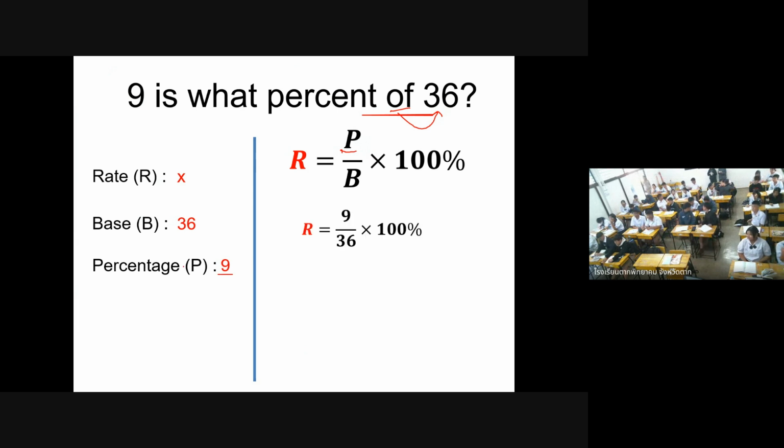What is our B? 36. Again, if we're looking for the rate, that's P over B times 100%. 9 and 36 simplify to 1 over 4, and with 100 we can simplify it: 1 and 25. 1 over 1 is 1 times 25%. That is equal to 25%.